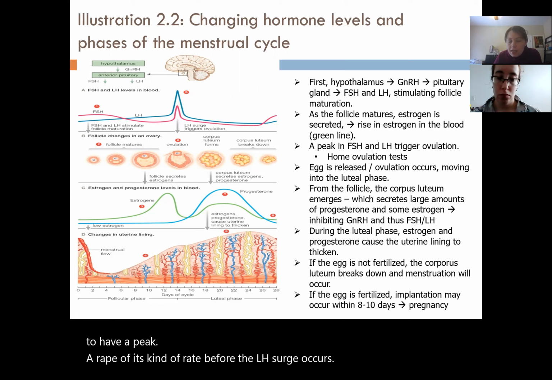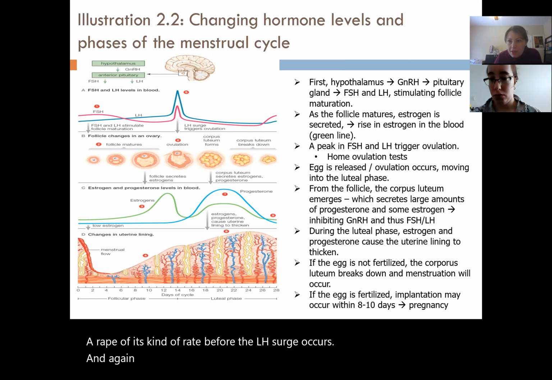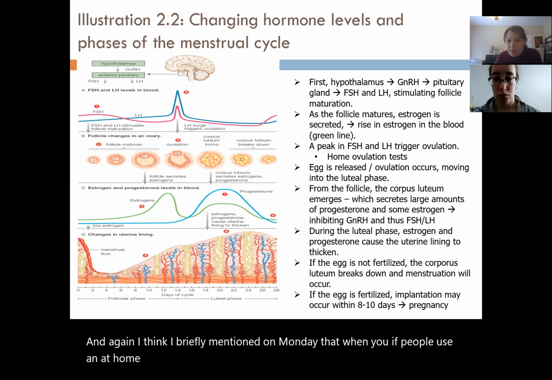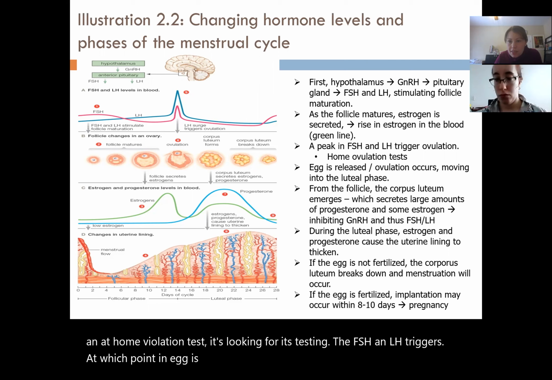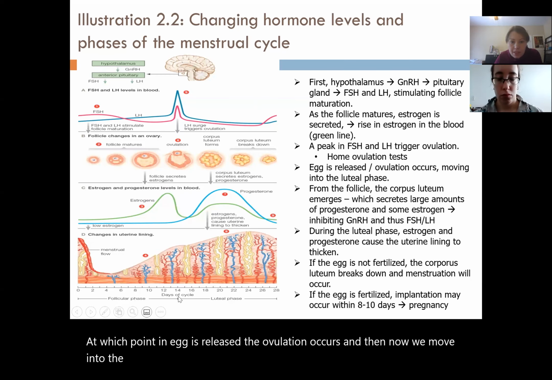And again, I think I briefly mentioned on Monday that if people use an at-home ovulation test, it's testing the FSH and LH triggers, at which point an egg is released, ovulation occurs, and then we move into the luteal phase. So if you look down here, it has follicular phase and then luteal phase.